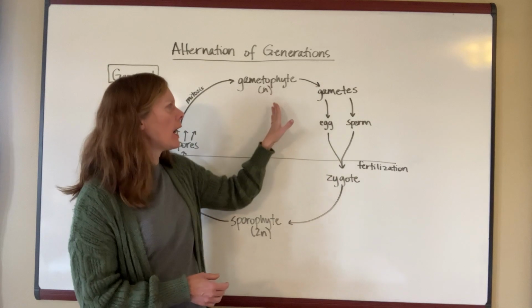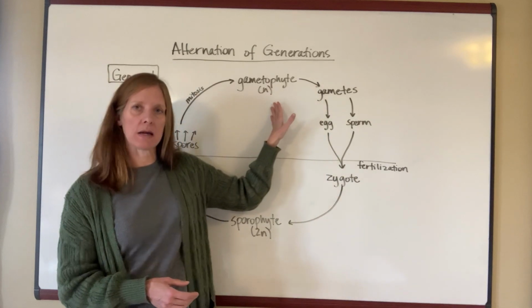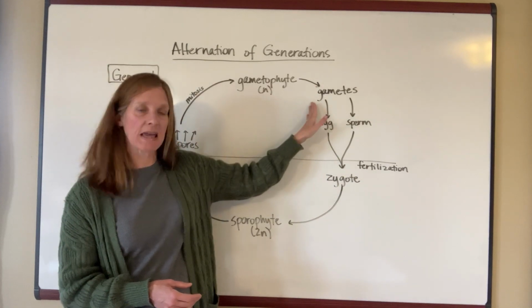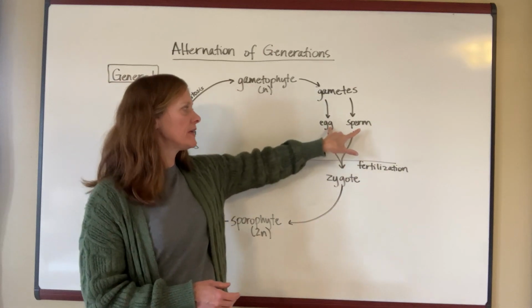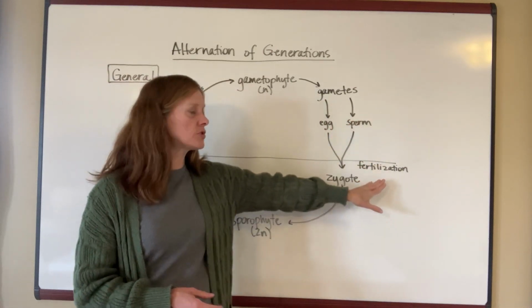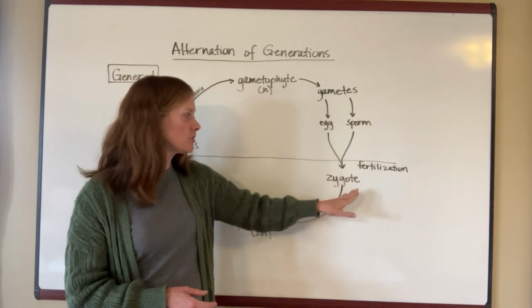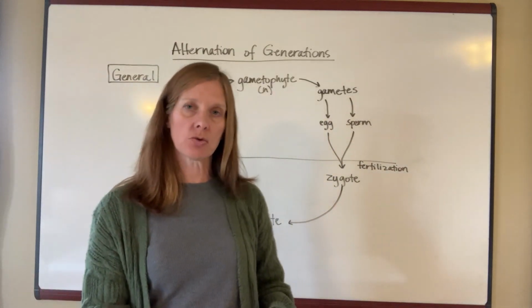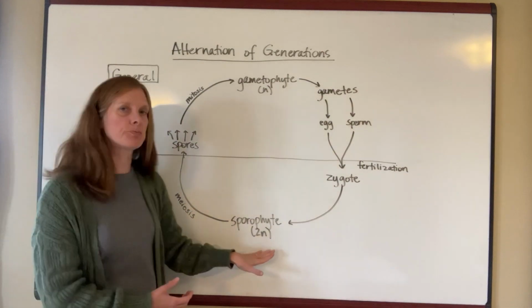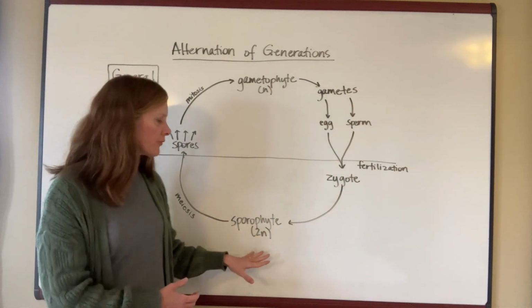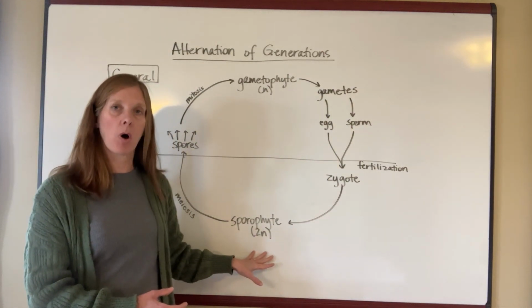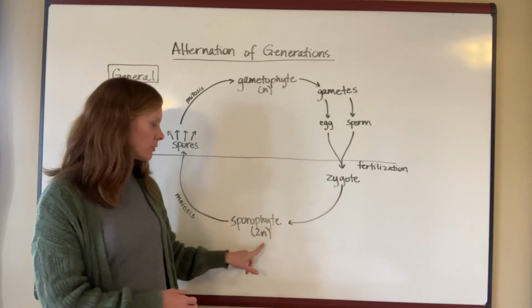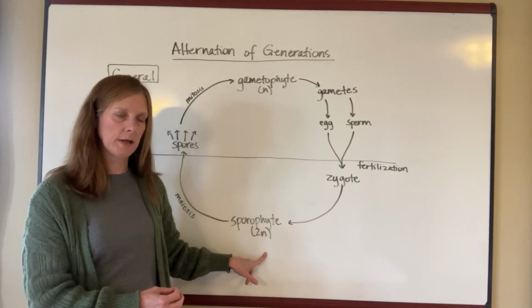And so after the gametophyte generation produces the gametes, the egg and the sperm will fuse in fertilization. They will fuse to make a zygote, which then grows into an embryo and eventually will grow and become a sporophyte. The sporophyte generation has all diploid cells, and so those are called 2N, they're diploid.